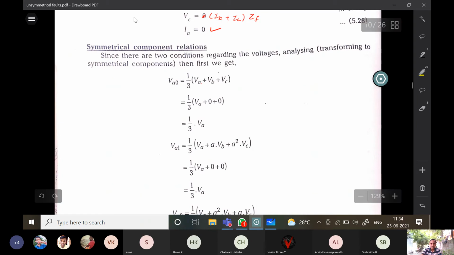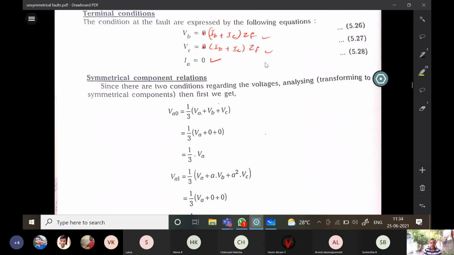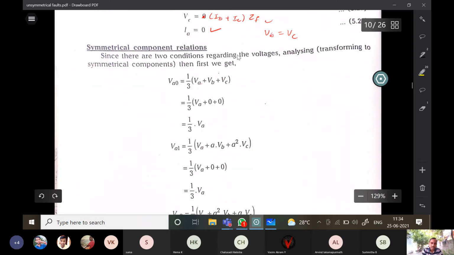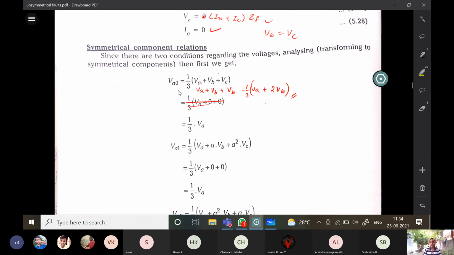VB and VC we have calculated here: VB and VC equal V plus IC into ZF. So VB is equal to VC, we can write. Therefore, in the place of VB plus VC, this becomes VA plus 2VB, into 1 by 3. Okay, so this is for VA0.